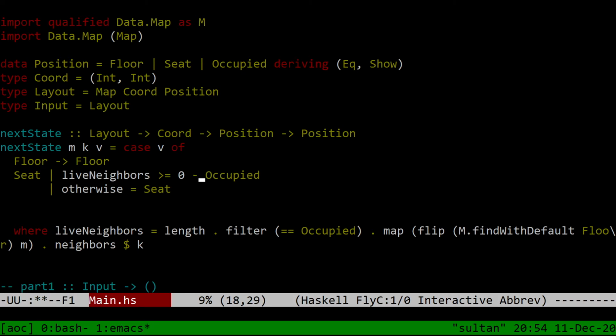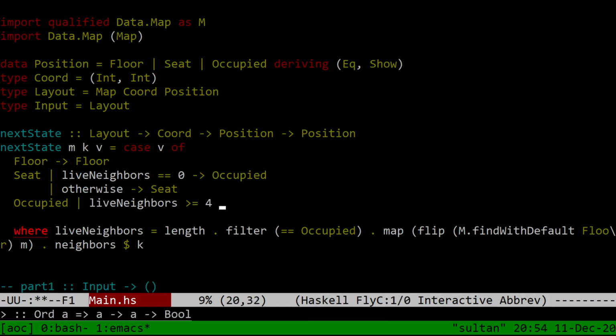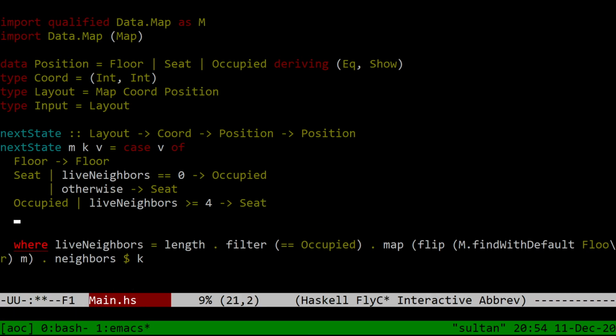Oh, I always forget. I'm so used to writing pattern guards for function definitions and not for case matches that I always forget that you have to write an arrow, not an equal sign here. It's easy to remember here for some reason, but remembering it after a pattern guard, I always forget. And if it's occupied, sorry, if it's equal 0, then it becomes an empty seat. Otherwise, it's occupied. Is that about right? Yeah, that seems fine.